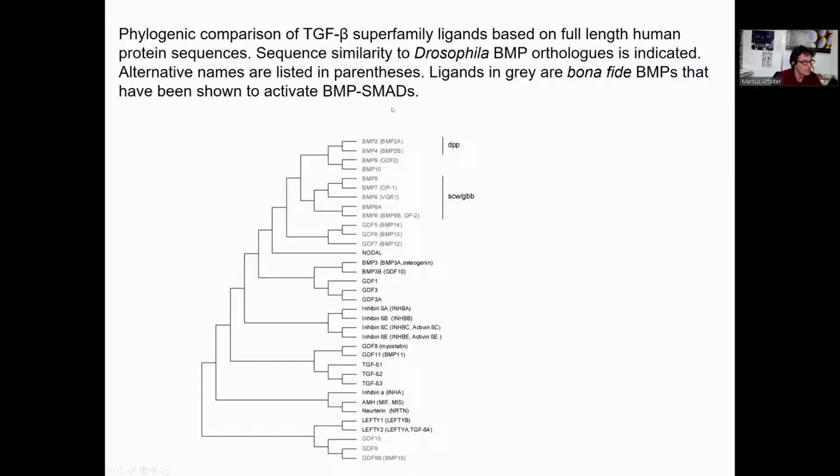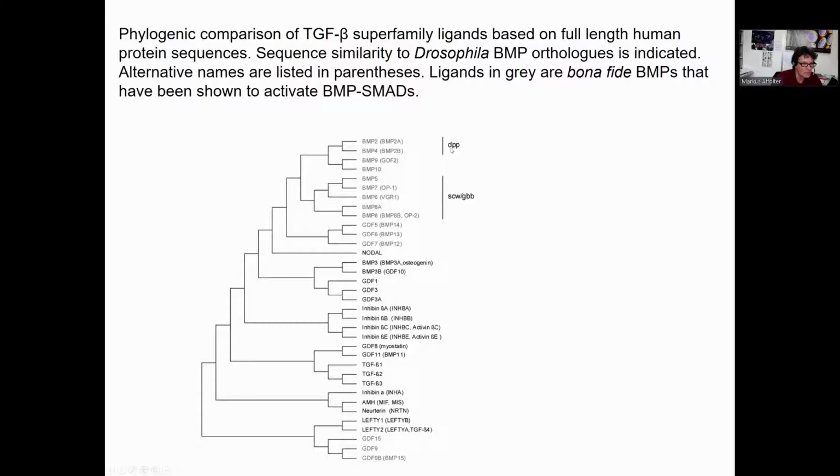You can see that when you compare all the BMP molecules in, let's say, invertebrates and vertebrates, DPP is very similar to human BMP2 and BMP4, and they can actually be substituted. If you inject human BMP2 into flies, it will act like DPP.